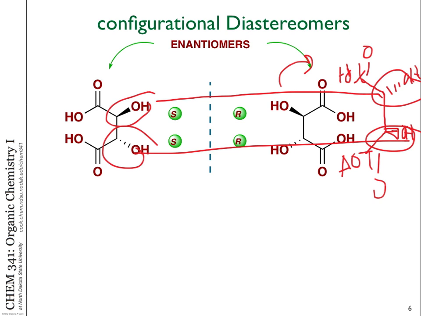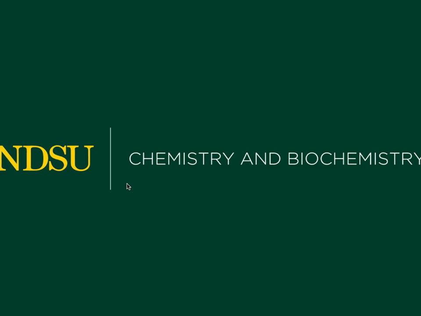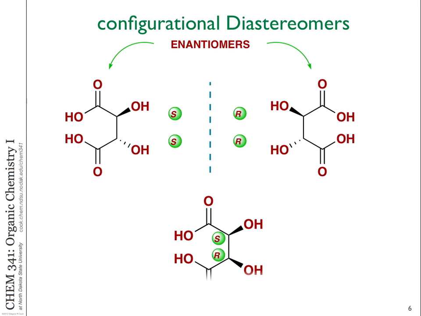But if we take this molecule and switch only one of those centers, leave the other one the same, now we have a different stereoisomer, which is different than either one of those, and those are related as diastereomers. So this pair of molecules would be diastereomers, and that pair of molecules would be diastereomers.